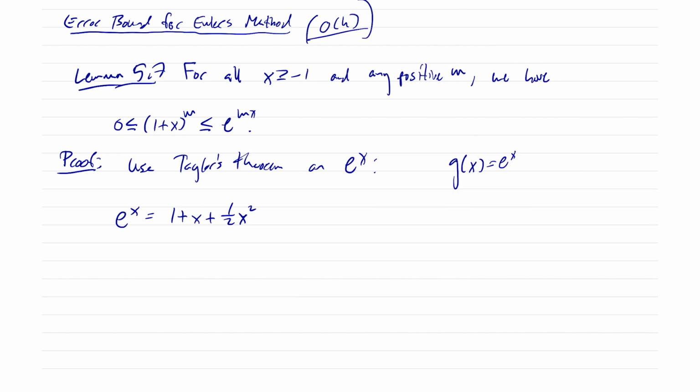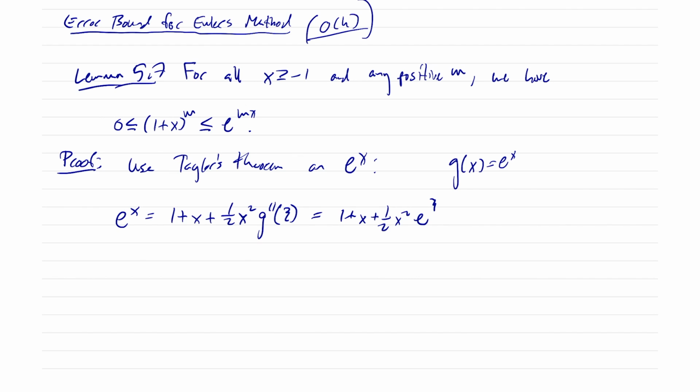times g double prime of xi at some c, but we know the derivative of e to the x is just e to the x, so e to the c.